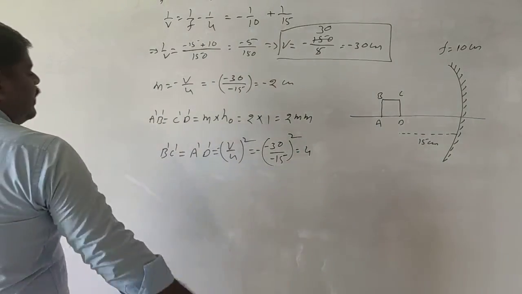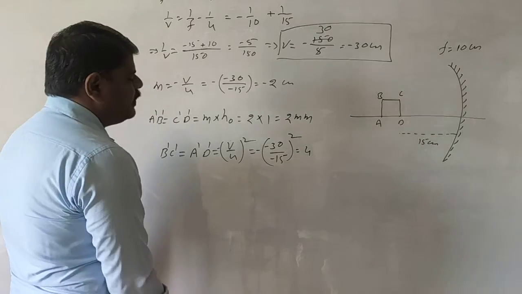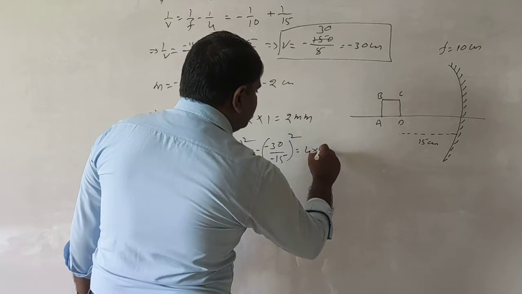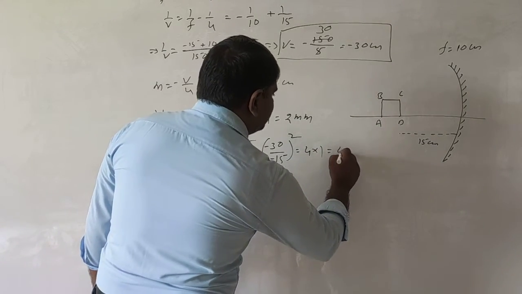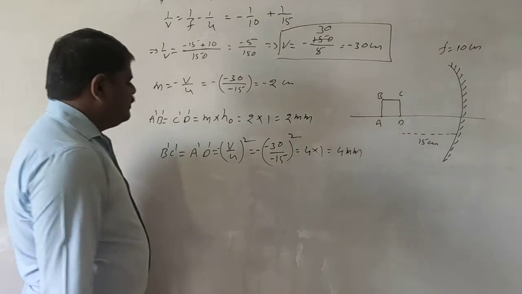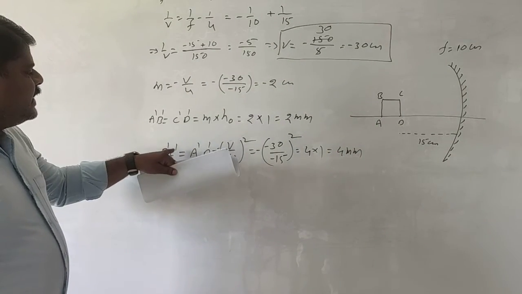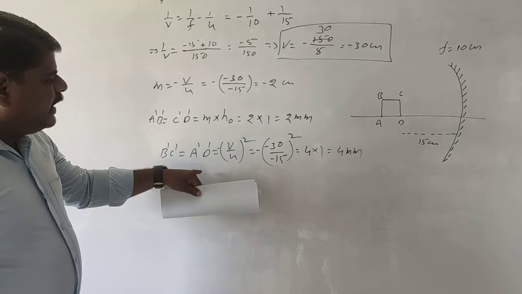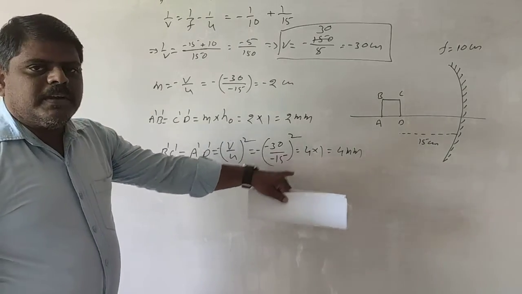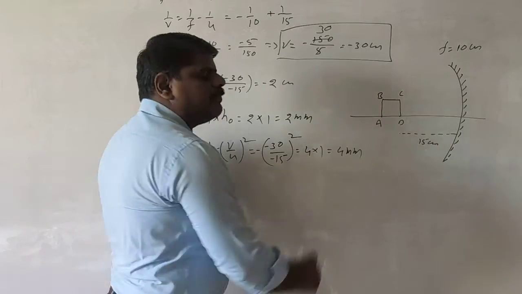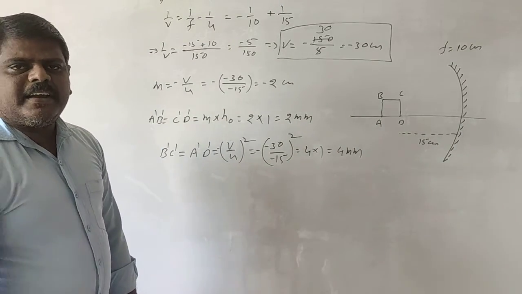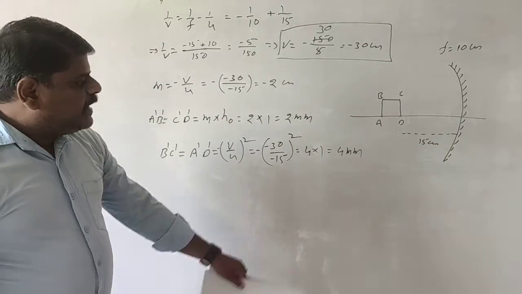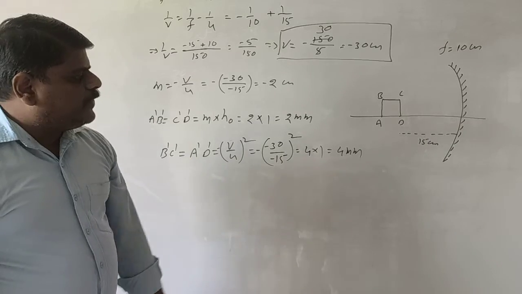Directly finding the size of the image, you multiply with 1 millimeter, and you are going to have 4 millimeters. B dash C dash by BC, A dash D dash by AD is equal to 4.